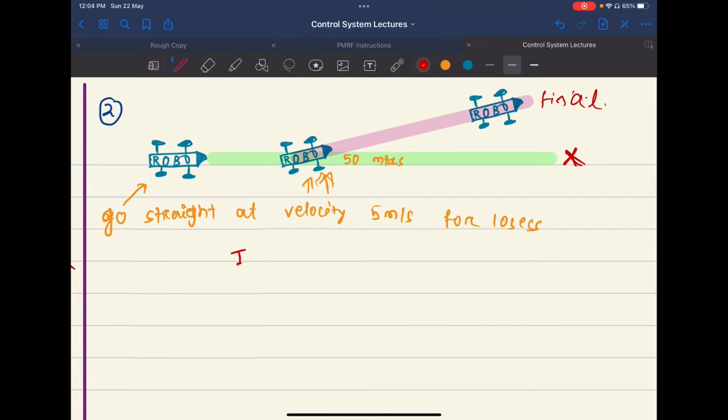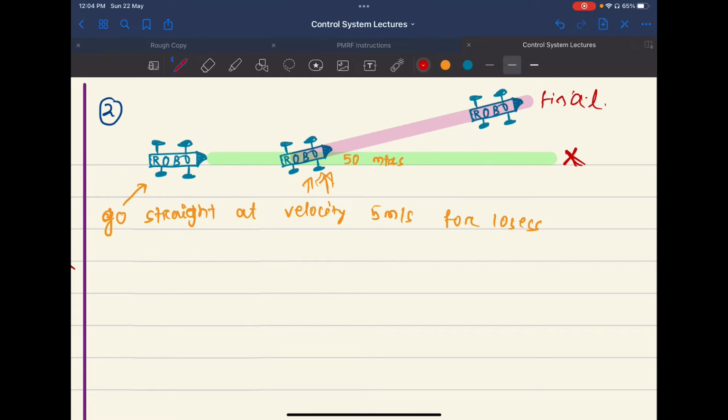Another example we'll take is, suppose you are moving in a car, some basic Ambassador kind of car, not some fancy car. You are saying we'll go at a constant velocity of about 25 meters per second, just drive.